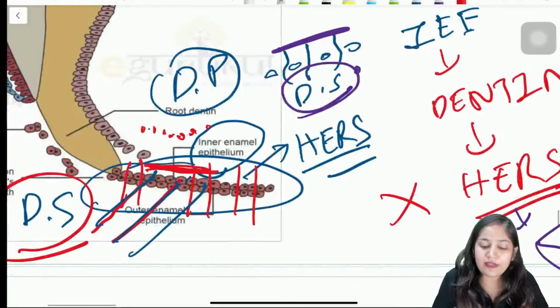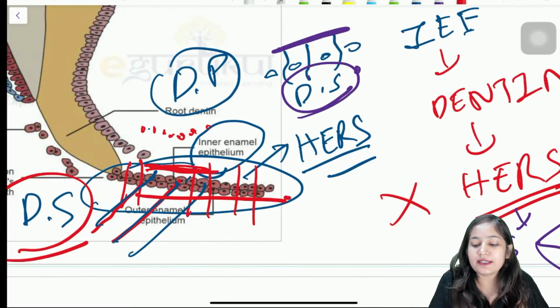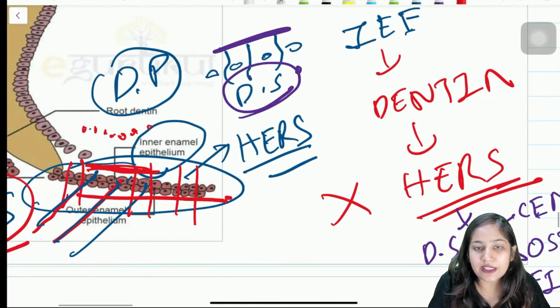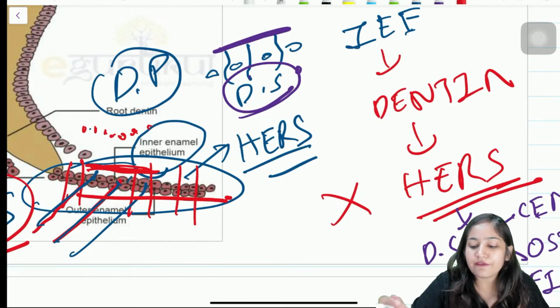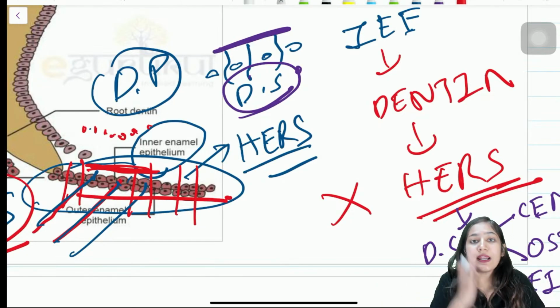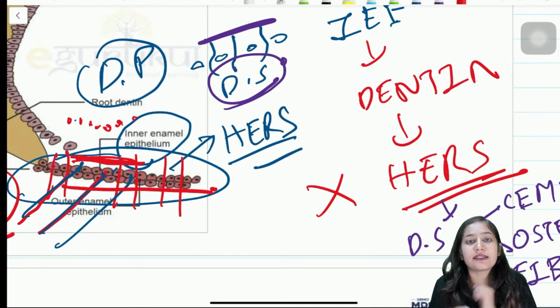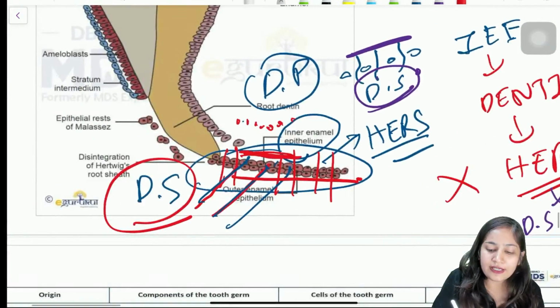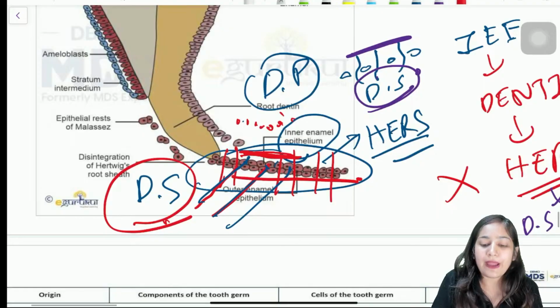In root formation, we have proliferation of inner and outer enamel epithelial cells leading to the formation of HERS. Under the influence of inner enamel epithelial cells of HERS, dental papilla cells are differentiating into dentine. Once dentine is formed, what is happening? There is a break in HERS, as a result of which the dental sac cells are directly coming in contact with the dental papilla cells.